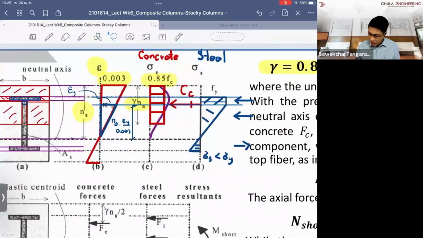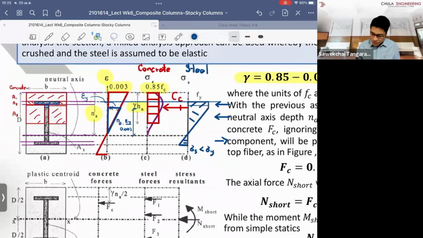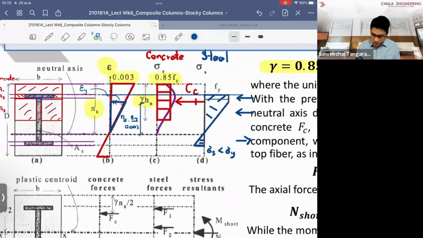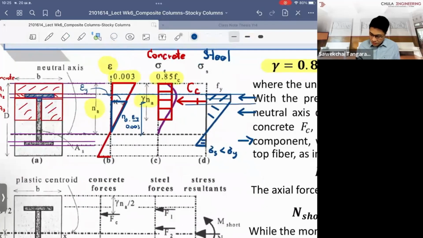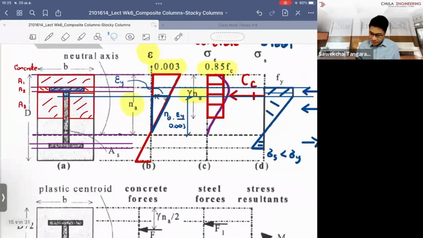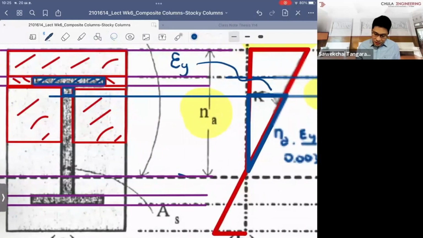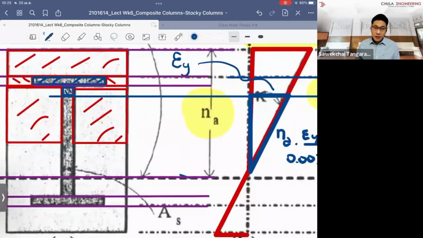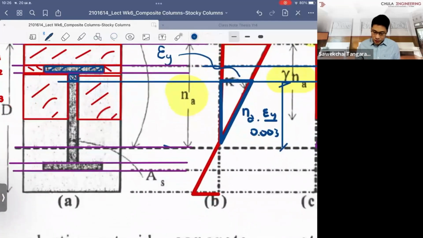Let me see if I can do something. Right. So this little area in the web develops the yield stress in the web part of the steel section.